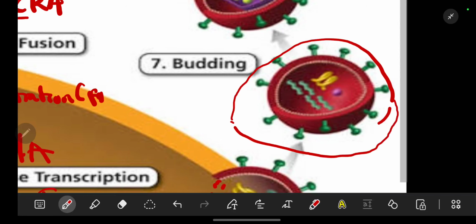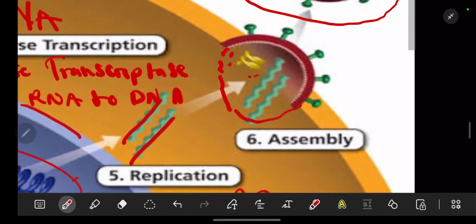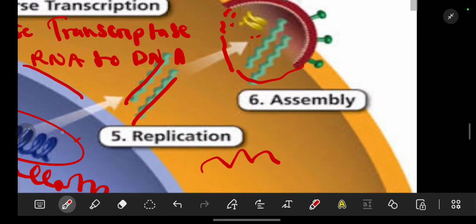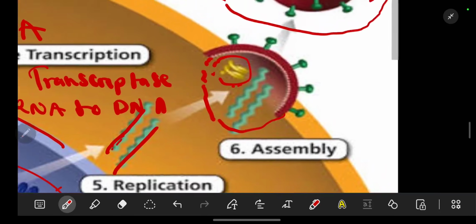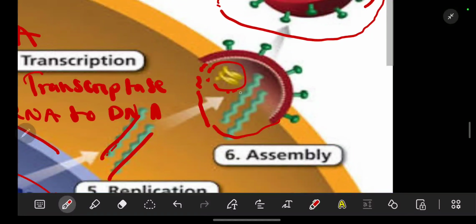This is the last process that we are going to look at after replication. There is the making of proteins and RNA, which are deposited at the cell surface.